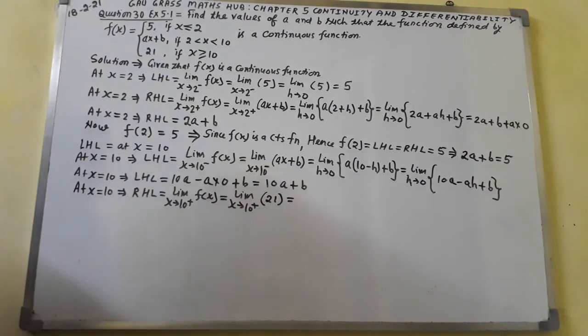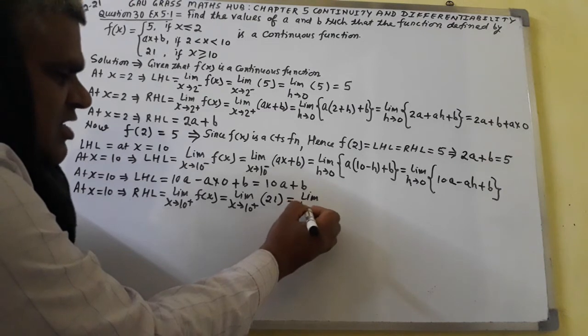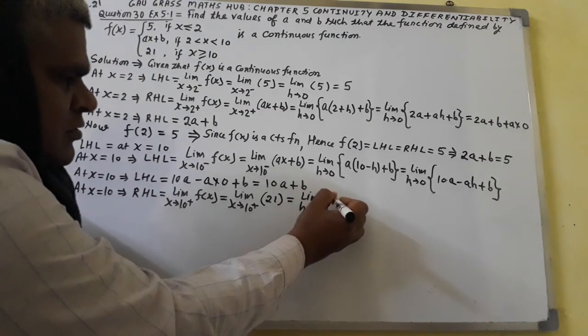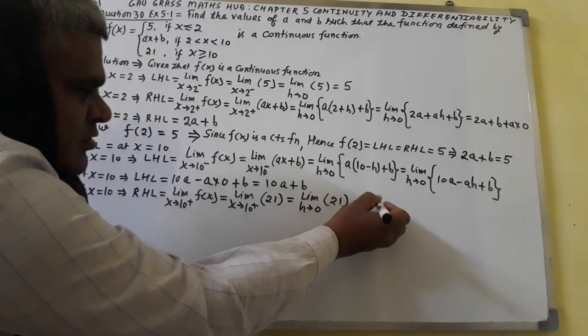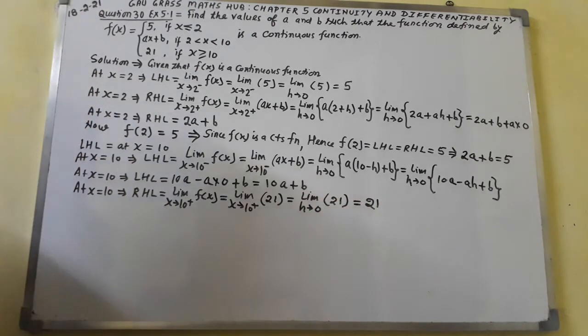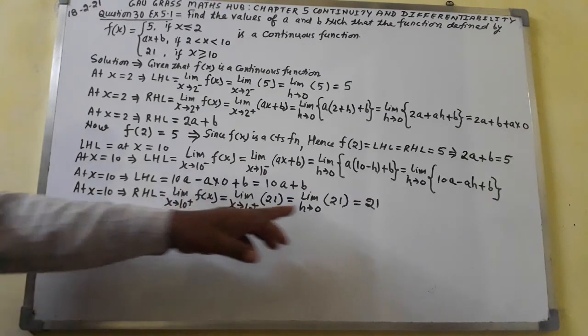So in place of f of x I shall write 21, equal to limit h tends to 0 of 21, which comes out to 21. At x equal to 10, the right hand limit is 21.